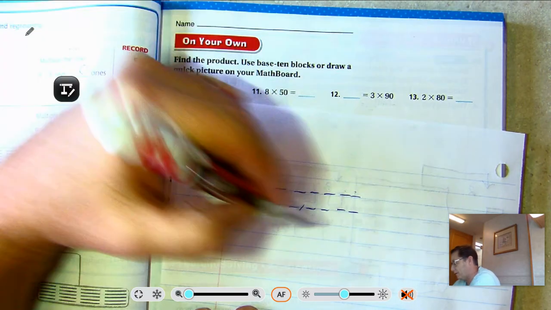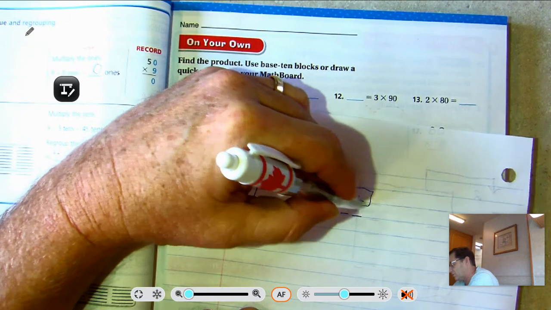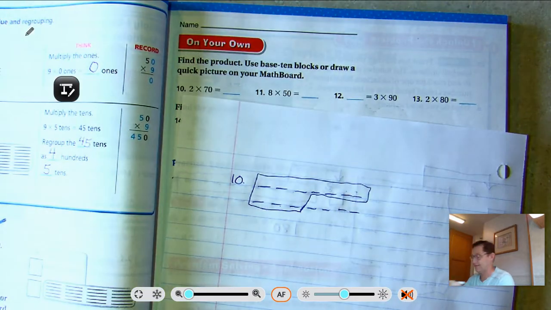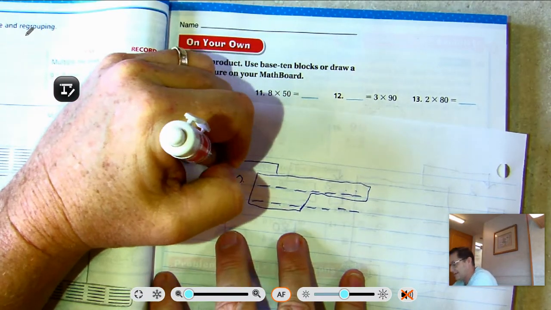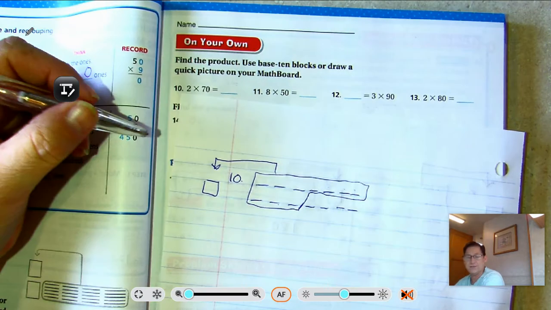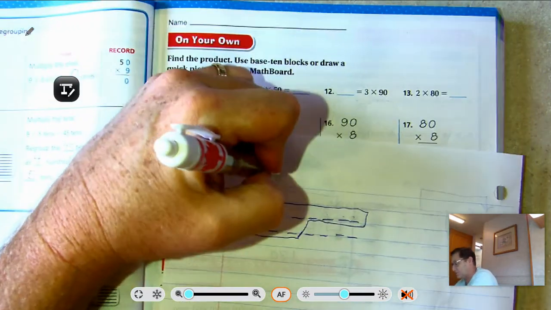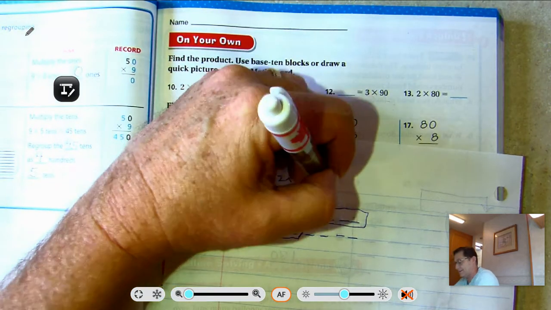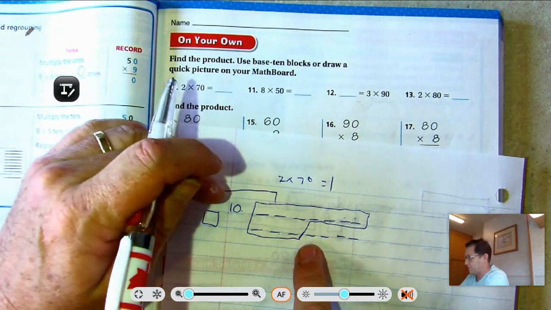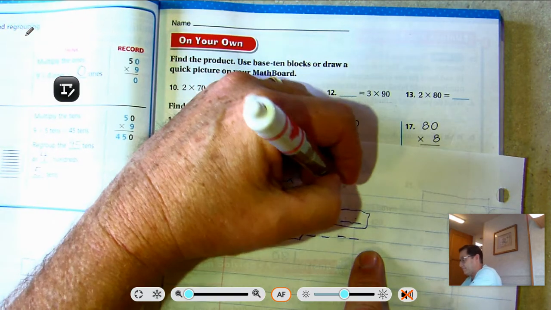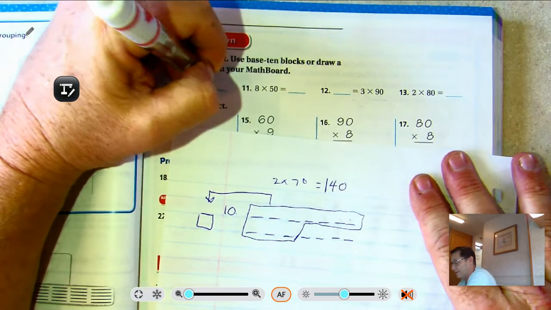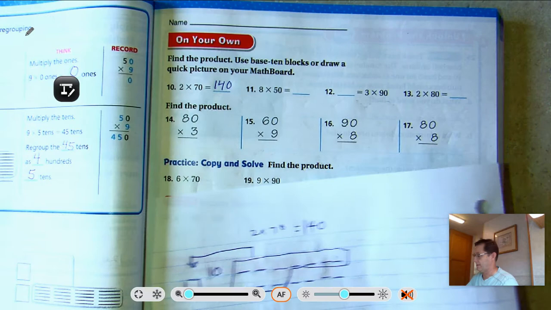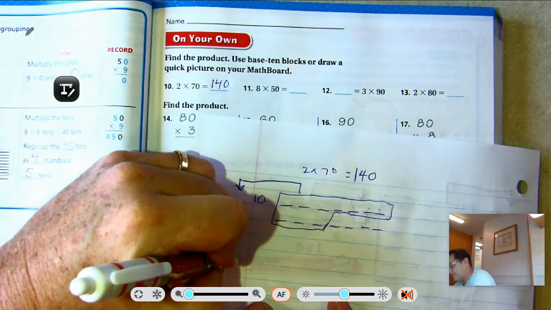Okay, and then we would have 4 left over. All right, so I can only circle one set of 10. I'll trade those 10 tens for 100. So 2 times 70 is 100, 10, 20, 30, 40. 140.